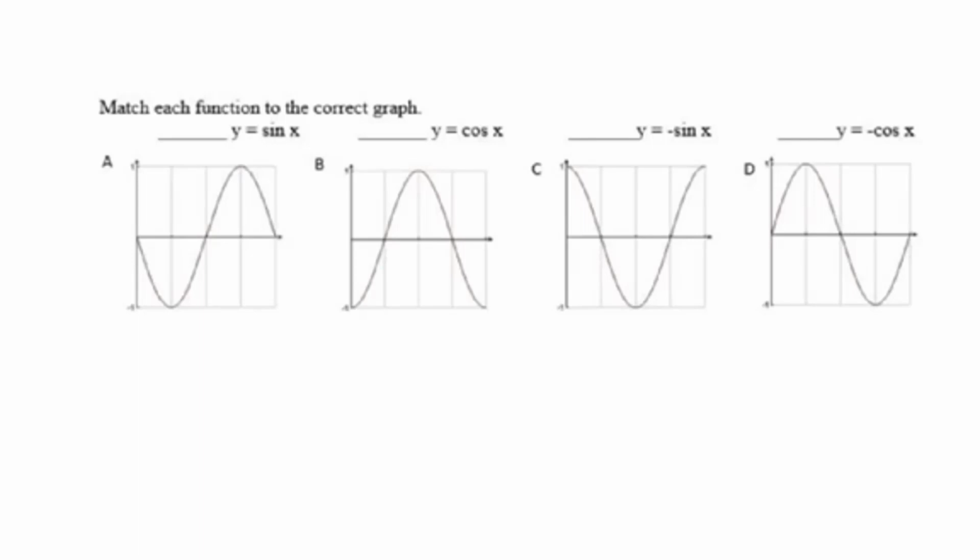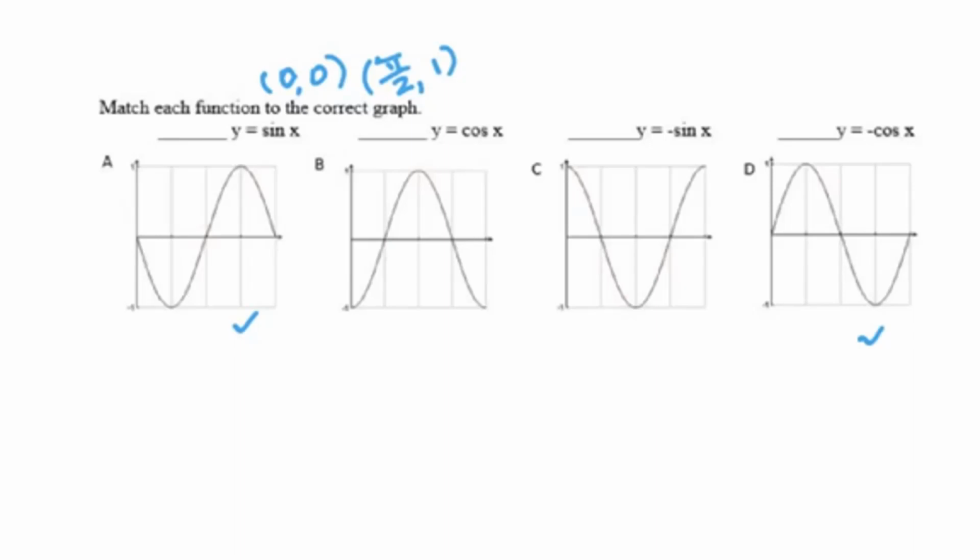Y equals sine x. We know that for sine x, when x equals 0, y should be 0, so it has passed through 0, 0, which means this one or this one. Then for pi over 2, it should be 1.